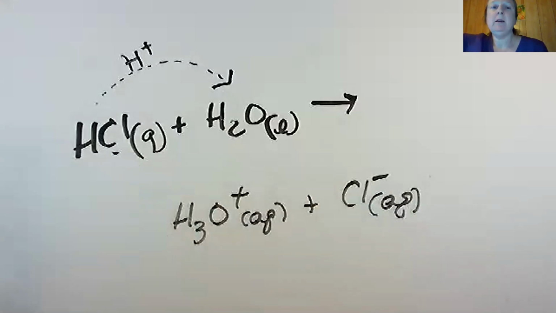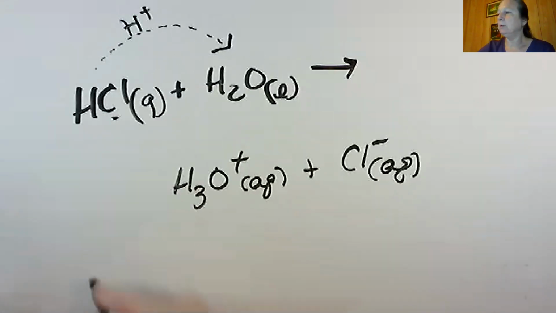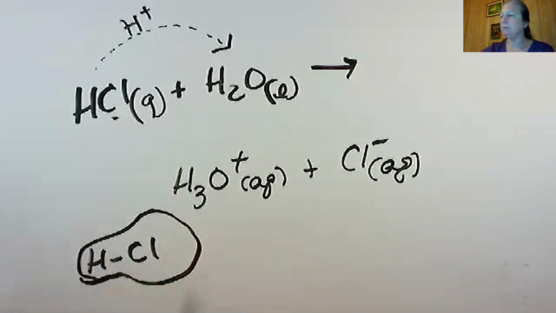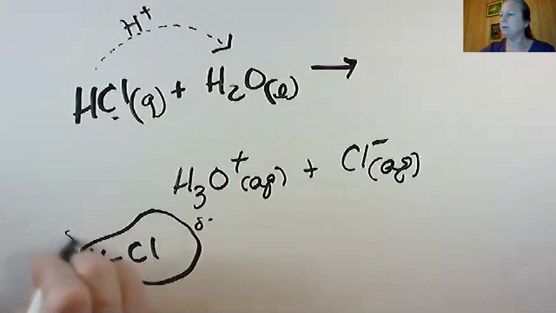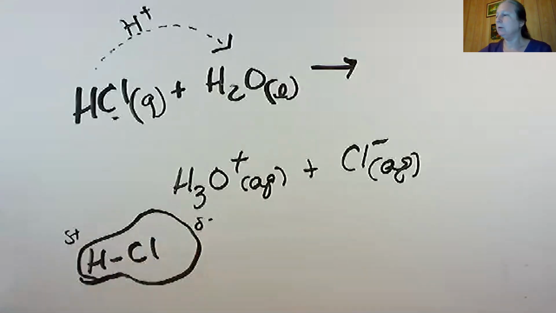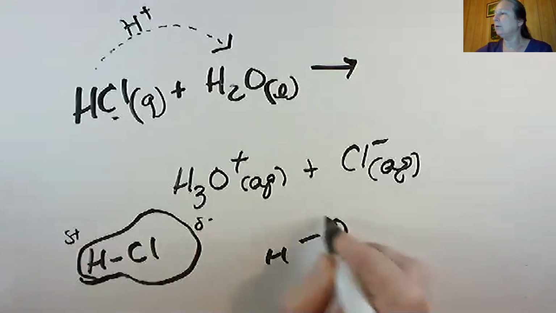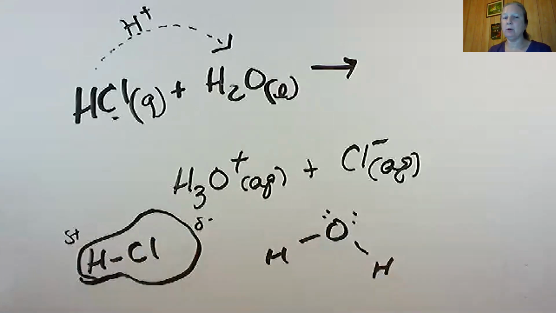So we had, you know, HCl. Remember that the Cl is very electronegative, so the electron cloud is going to be more like this. And then we have water with its unshared pairs.